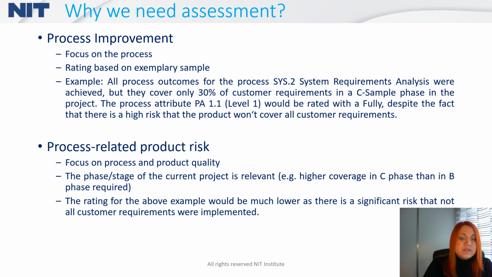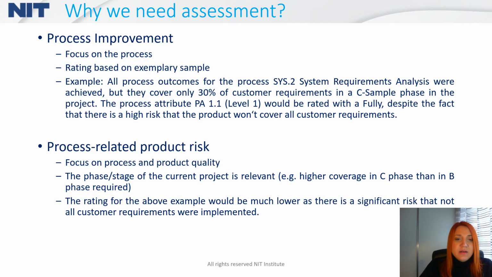For the process-related product risk assessments, the focus is on the process and product quality. It means that this is a little bit stricter assessment, and it is basically a second and third party assessment. It is always requested by the customer, and maybe even for serial production.